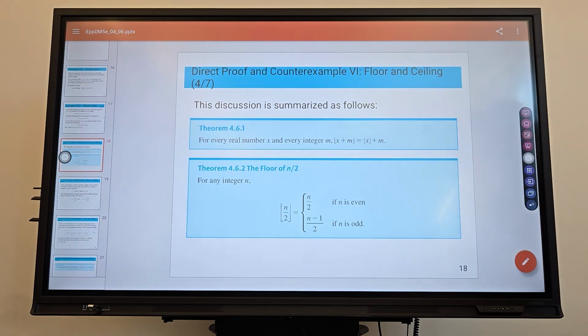All right, this discussion is summarized as follows. For every real number x and every integer m, the floor of the quantity x plus m equals the floor of x plus m. And for any integer n, the floor of n divided by 2 is n divided by 2 if n is even, and n minus 1 divided by 2 if n is odd.